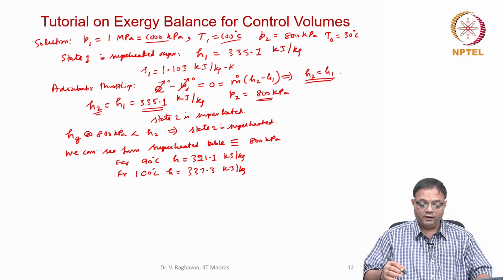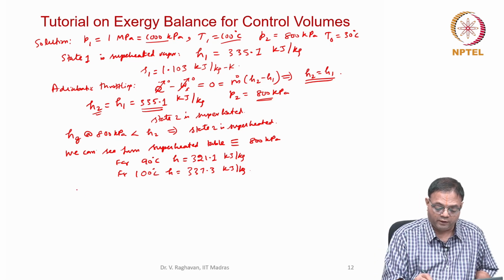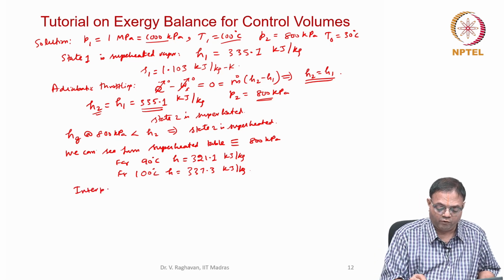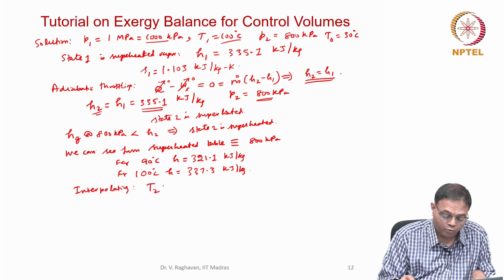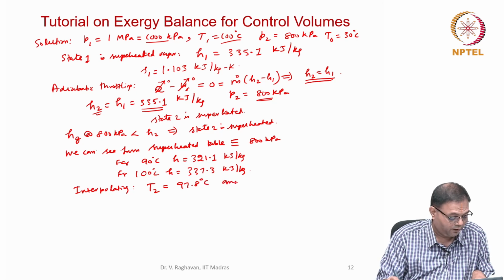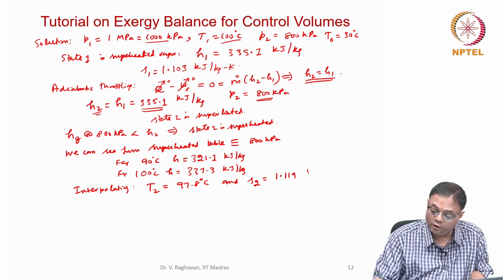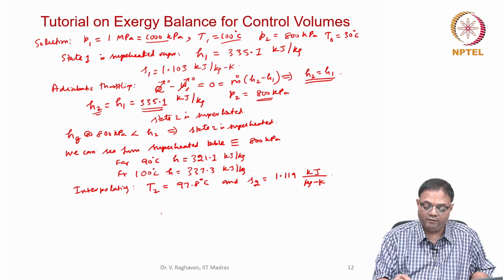So, we have taken these from the tables. Now, for the value of H2 equal to 335.1, interpolating, we get T2 equal to 97.8, which is between 90 and 100 degrees centigrade, and S2 equal to 1.119 kilojoule per kg Kelvin. So, you can see that I am interpolating these two tables and getting the values of T2 and S2.